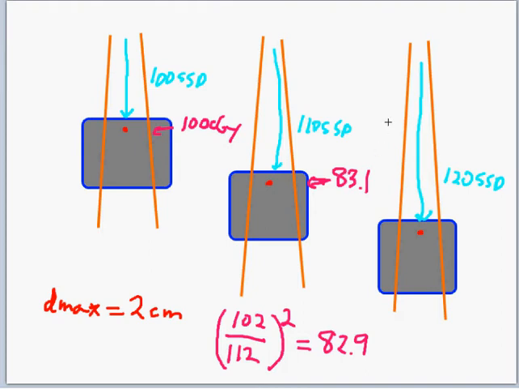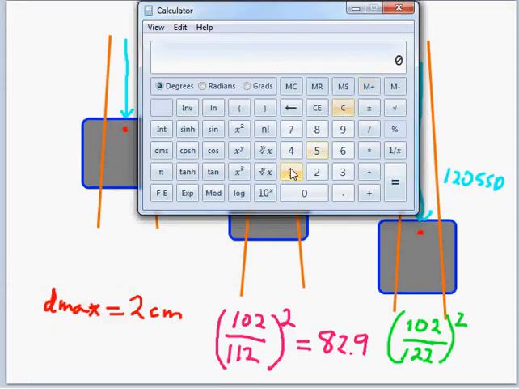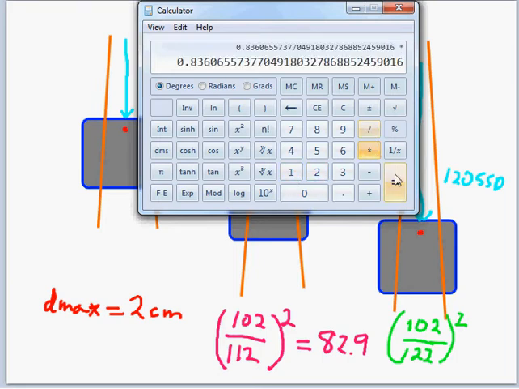Let's say what are we going to expect to measure at 120 SSD? Well, again, if we set up this problem, it's going to be 102 for the first one. The distance to this point is 122, 120 SSD plus the Dmax. If we square that, let's see what we get. 102 divided by 122, and that one comes out as 0.699.